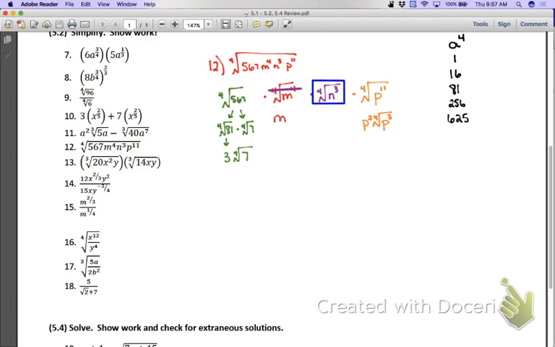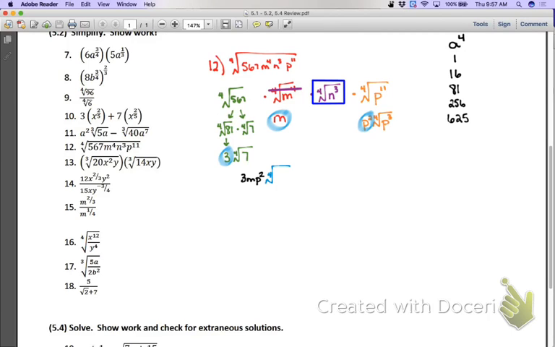So now all I'm going to do is put everything that is on the outside, so the p squared, the m, and the 3, all together. So I'm going to have 3m p to the 2nd on the outside. Everything else that I have left over is still going to be in the 4th root.